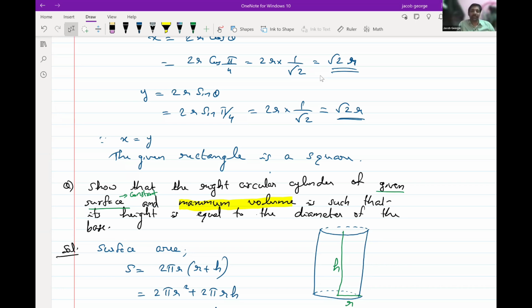Okay. So, next question, please write. Show that the right circular cylinder of given surface and maximum volume is such that its height is equal to diameter of the base.